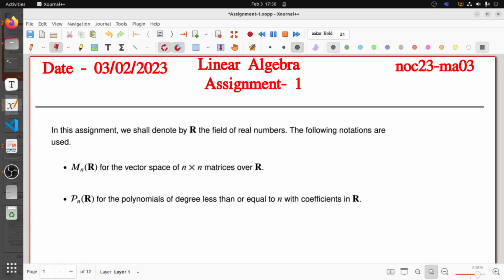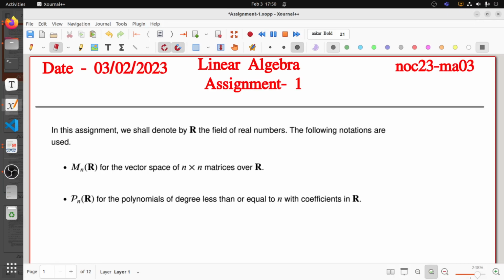So you have to check what is (P1 plus P2) star. You can check that (P1 plus P2) whole star is P1 star plus P2 star. So this means P1 plus P2 plus P1 star plus P2 star.